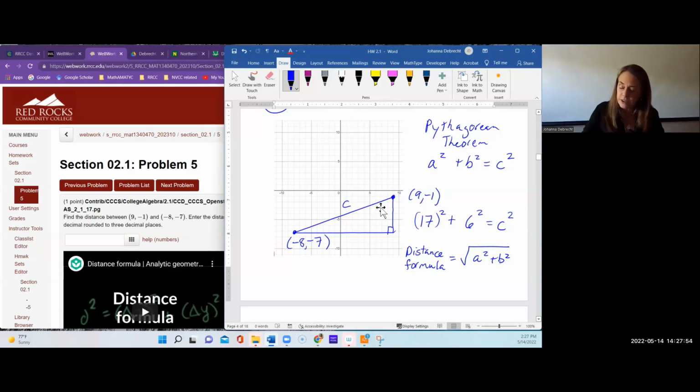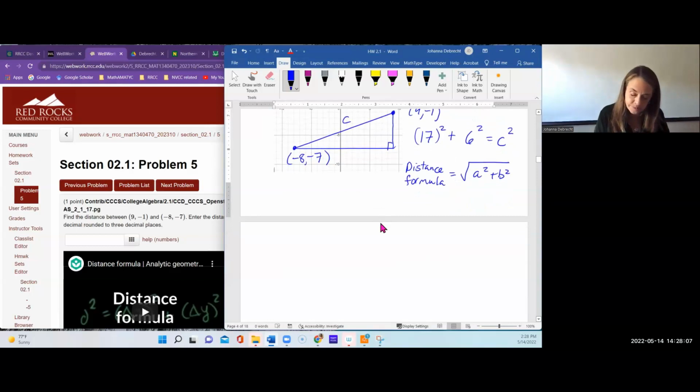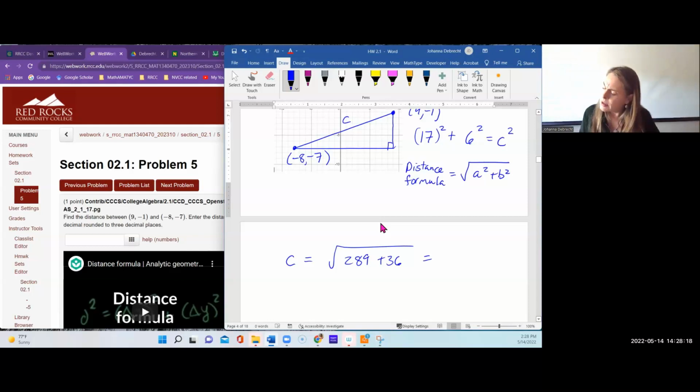Now let's take our calculator and figure out what 17 squared plus 6 squared is. 17 squared, I believe, is 289. Yes, it is. So now I have C equal the square root of 289 plus 36, which is equal to 325.